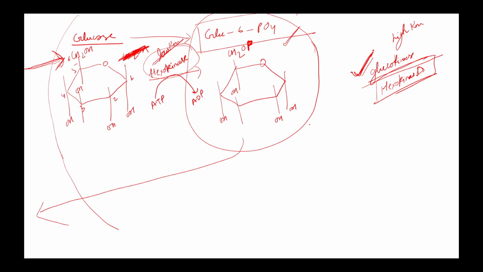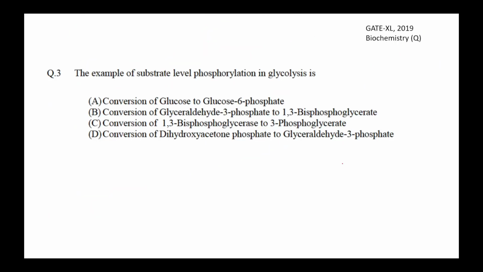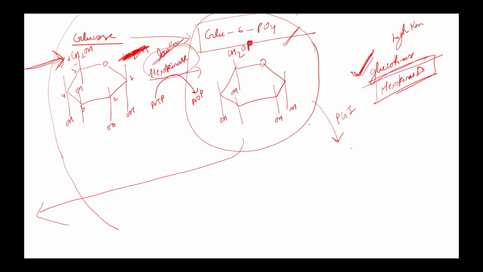So once the glucose is trapped in the form of glucose 6-phosphate, the next enzyme which works on it is phosphoglucoisomerase, which converts this glucose 6-phosphate to fructose 6-phosphate.